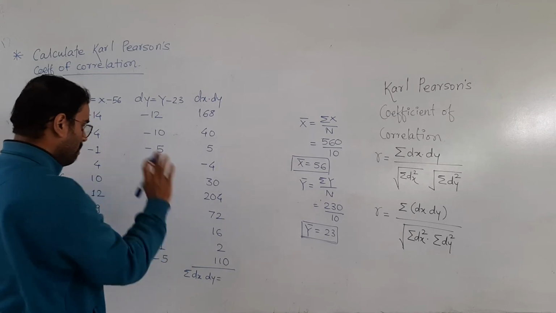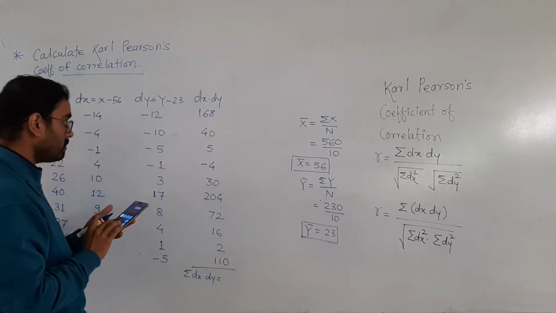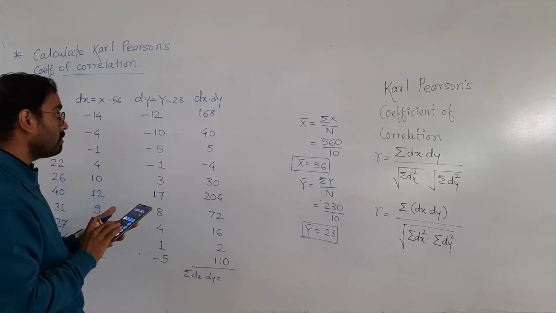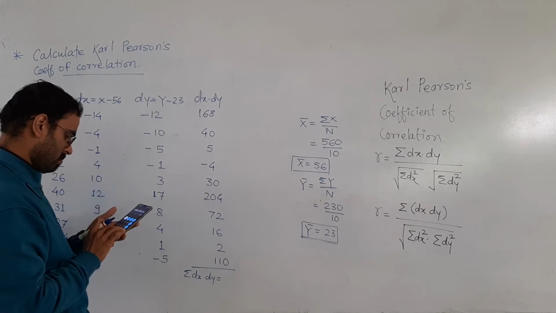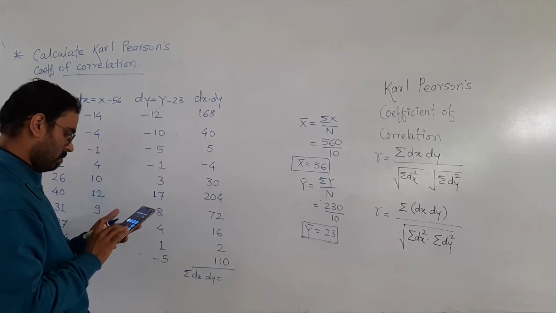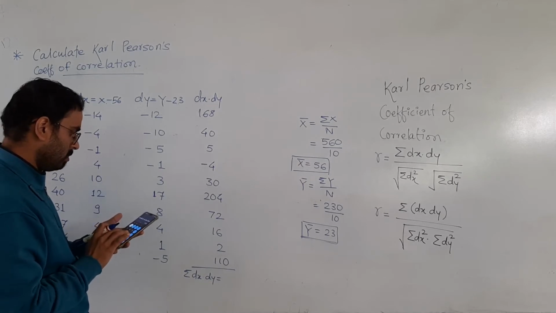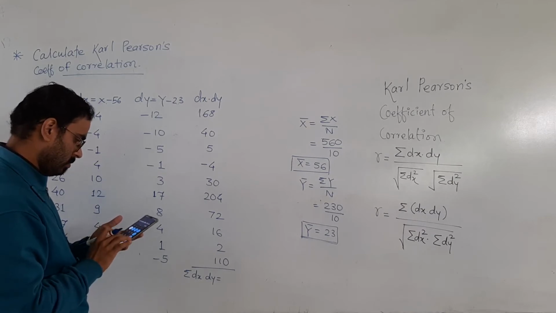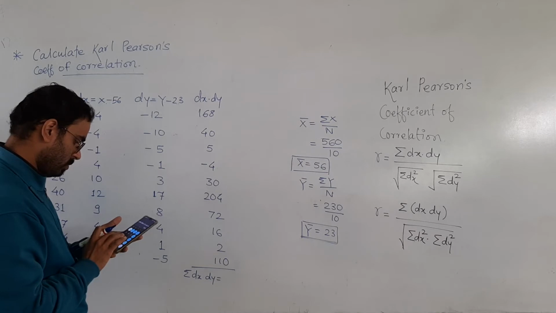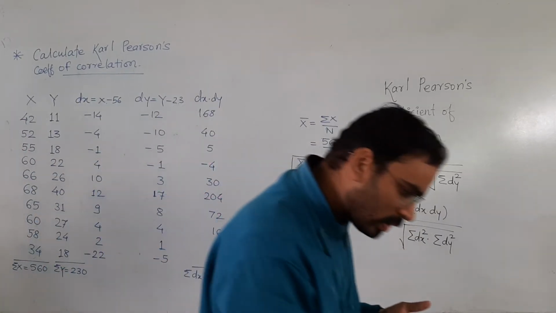So just sum up 158 plus 40 plus 5 plus minus 30 plus 204 plus 72 plus 16 plus 2 plus 10. It is coming 543.